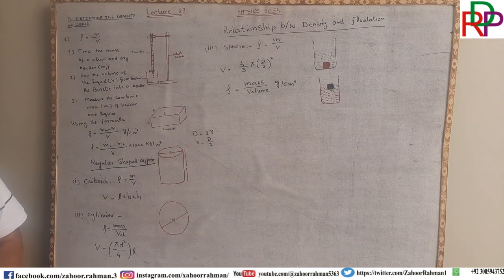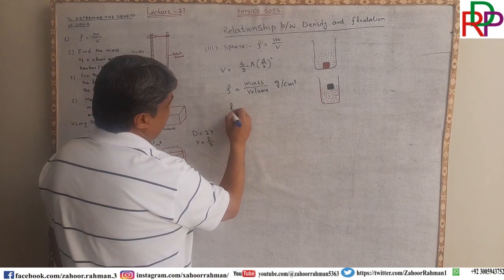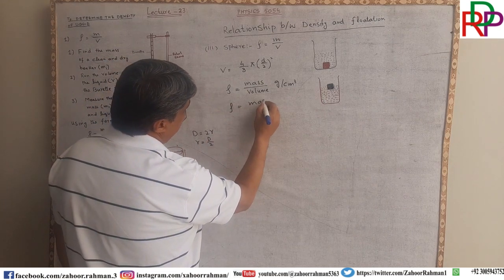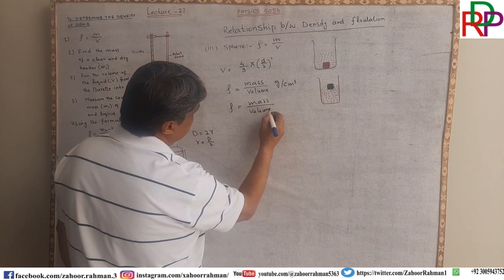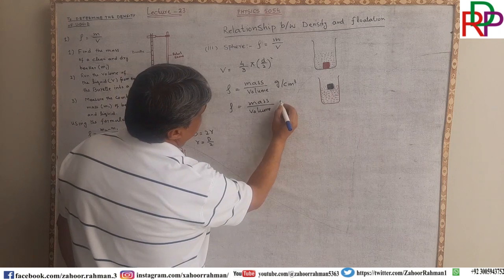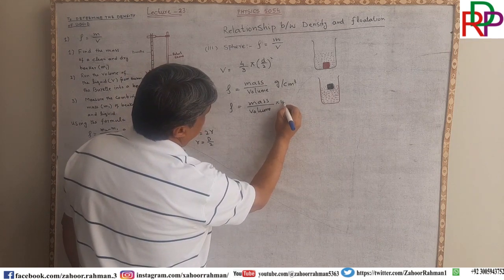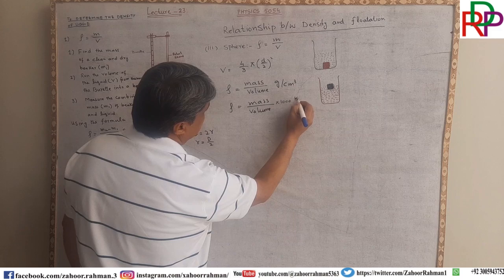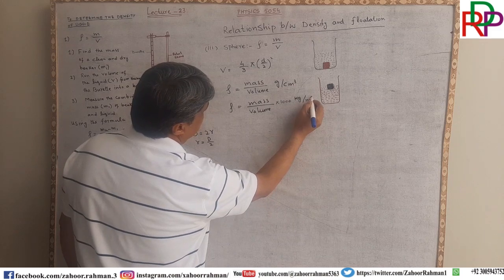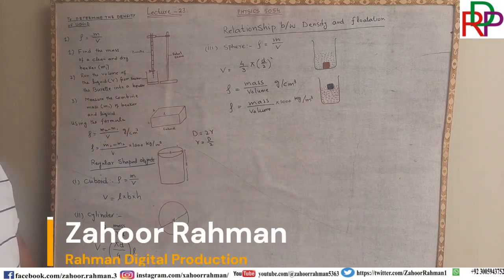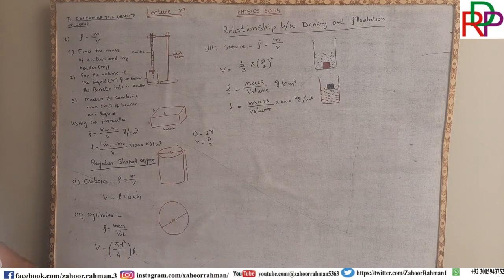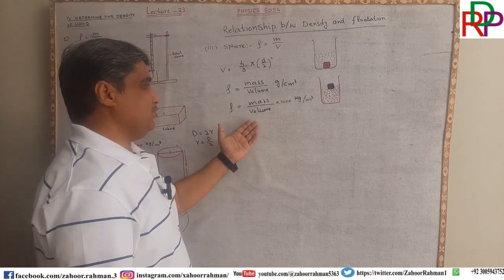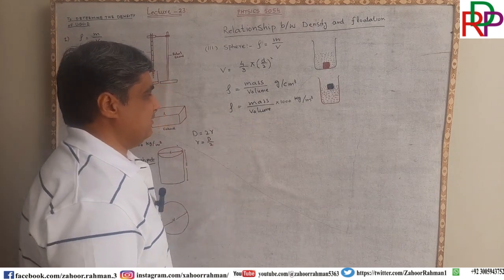But if you want to find it with the mass per unit volume in kilogram, then you have to multiply it with 1000 to get kilogram per meter cube. So remember, in both cases, whatever data is available, according to that data you have to respond.